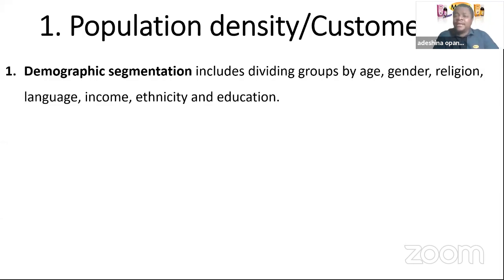I'll give you an instance now. In Magodo Phase 1 in Lagos, there's an estate within the estate, and that estate is called Unilag Estate. Several years ago, Unilag Cooperative bought that, and largely the people in that estate are Unilag lecturers.